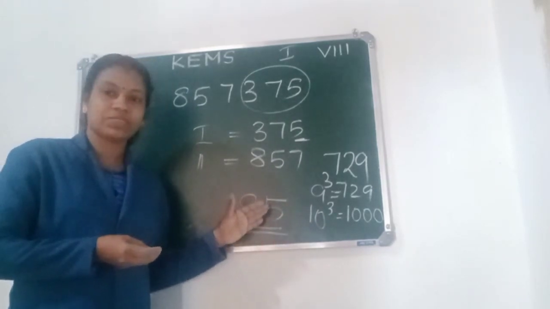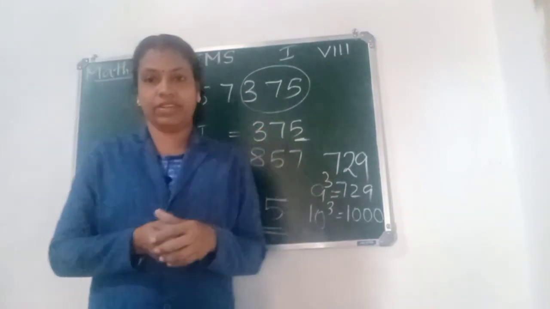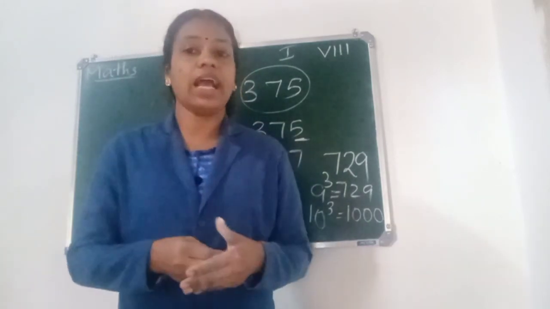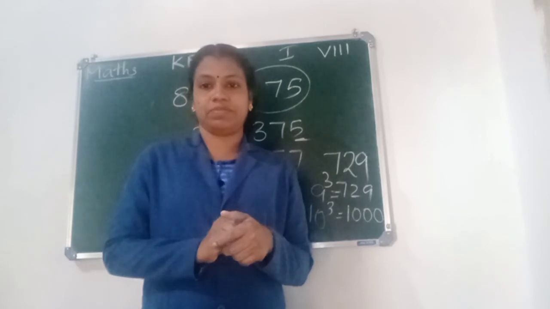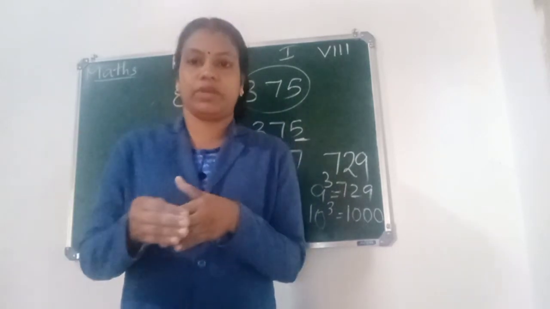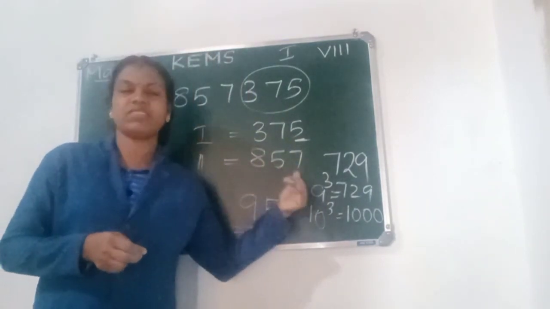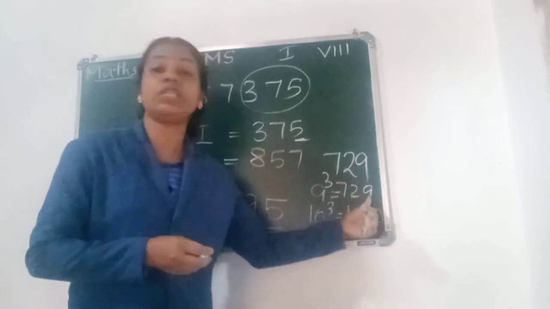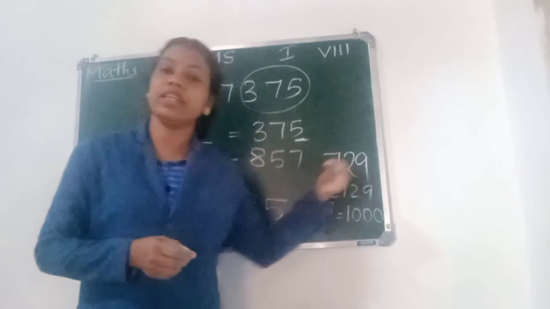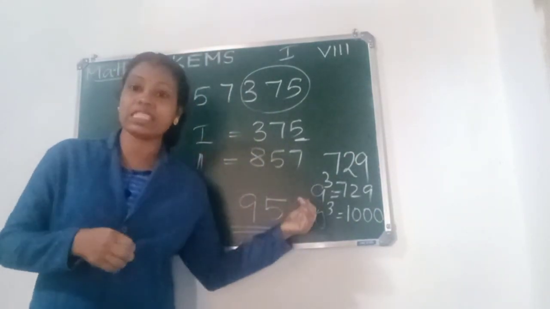Then take the second group, 857. In that group, find the nearest cube number of the given number. The nearest cube number is 729, that is 9 cube. So its cube root is 9.